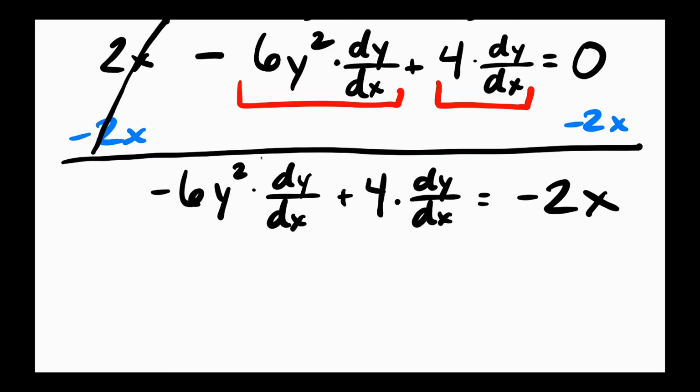Okay? What can I do now, because my end goal is to isolate dy dx. I want to have one dy dx over here, everything else on the other side of the equal sign. What can I do that you've done many times, not only in this class, but other classes, that would help me do that?